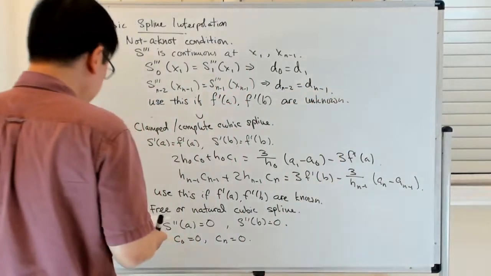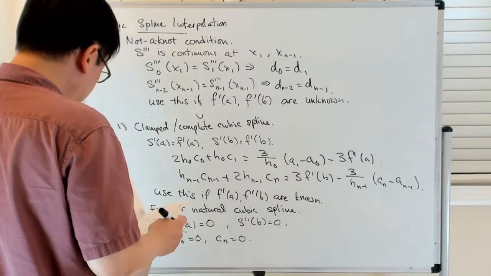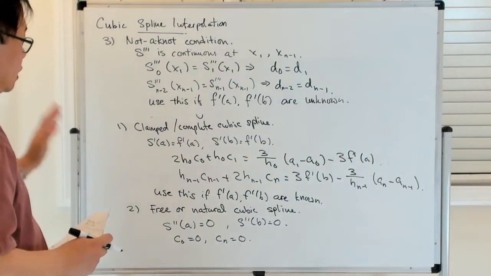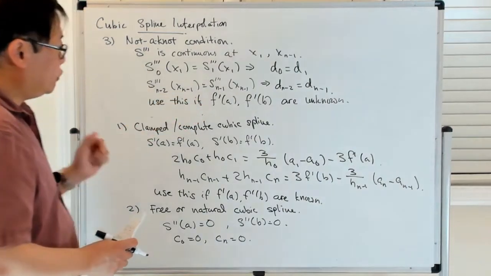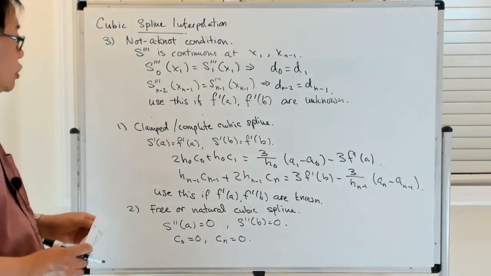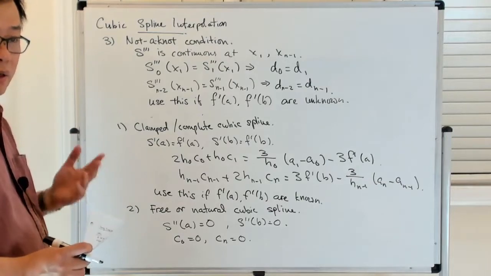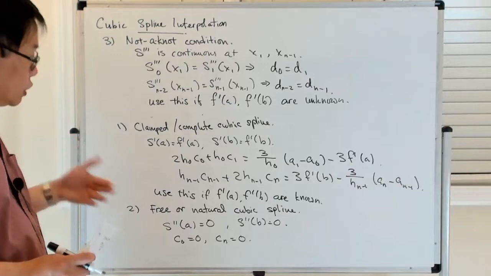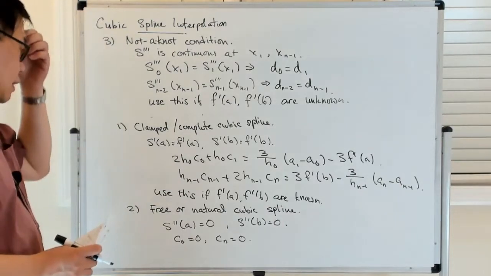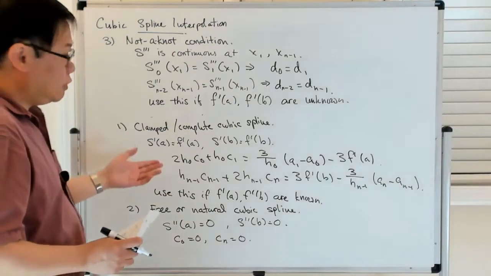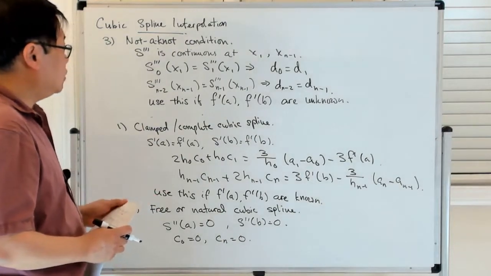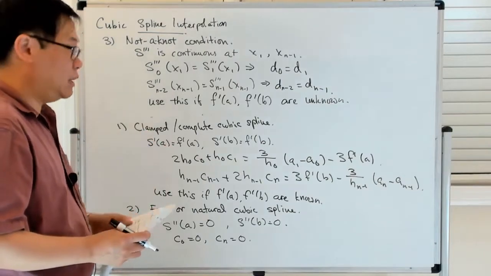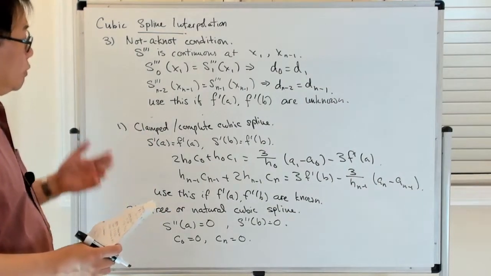What we've done so far is talk about how you can take the equations which define a cubic spline interpolant and express them in terms of a tridiagonal system involving these c coefficients. Once you have that, you can compute the d's and the b's, and the a's come from just the interpolation condition.